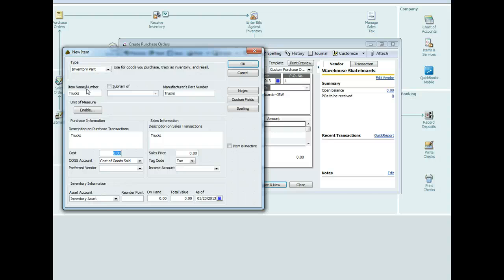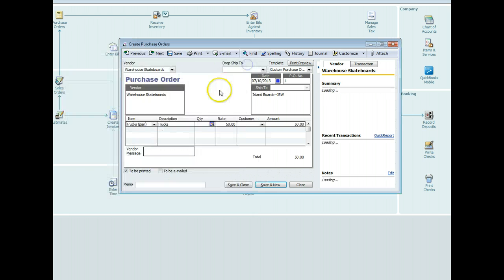They cost 50. I should put it up here in the name. Pair of trucks. Okay? That's the name. They cost 50. We're not going to sell just trucks, so I'm not going to worry about a sales price because I'm going to assemble them into something else. But I'm going to get 100 pairs of them.